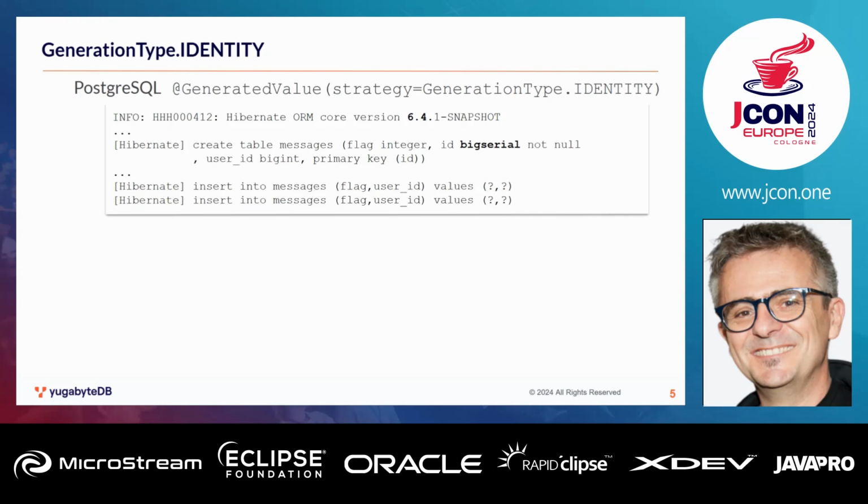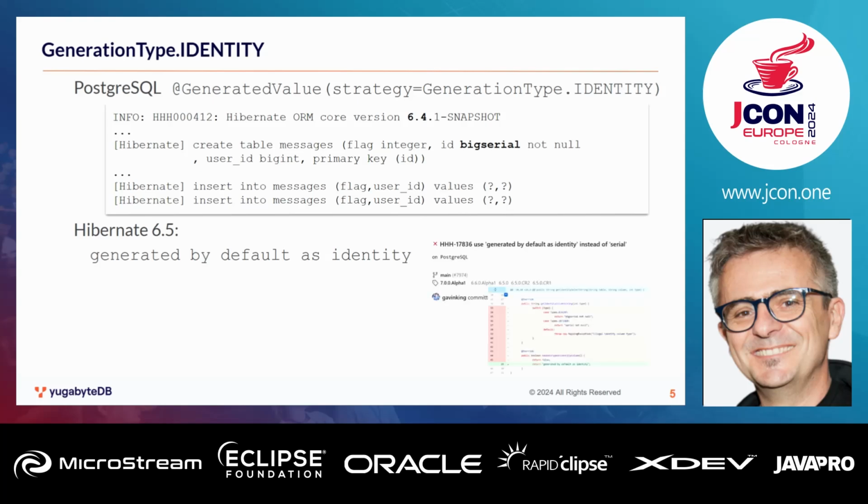Here I'm mentioning that what we have seen before on Postgres with this bigserial data type was before Hibernate 6.4, where now, before 6.5, because now it uses the SQL standard generated as identity, which is the SQL way to have an auto-increment data type.